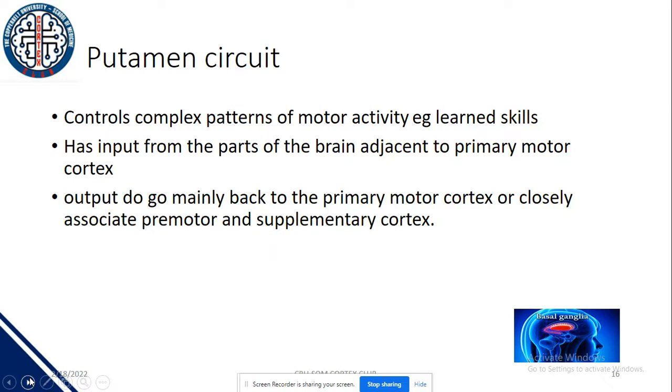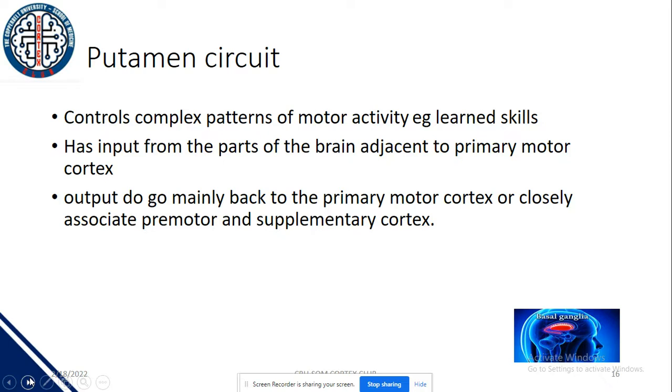So it has input from parts of the brain adjacent to the primary motor cortex. I think earlier on when we were looking at the anatomy of the brain, which was presented by Dr. Mkambo, he showed us where the primary motor cortex was.